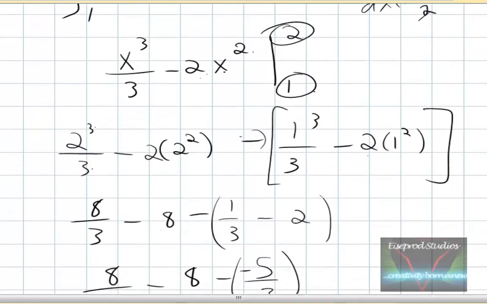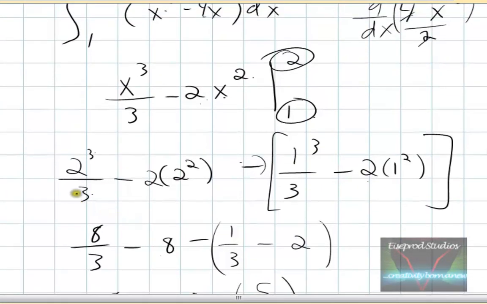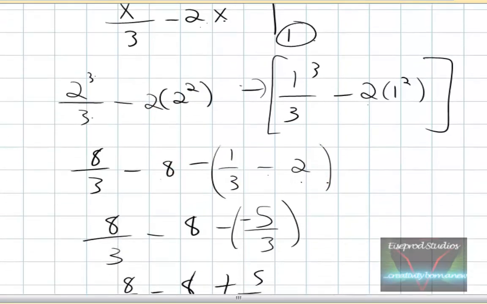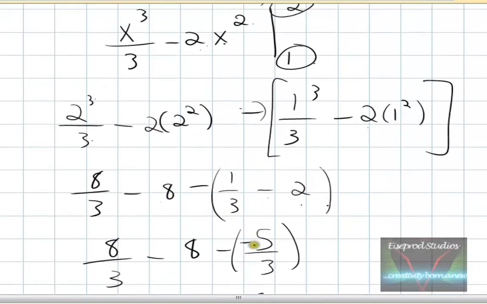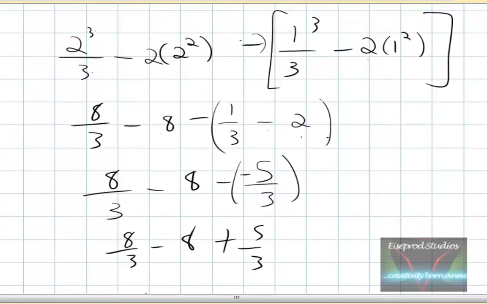From here, it's pretty much just straight math. And so you're going to have 2 cubed, which is 8 over 3, minus 2 times 4 is 8, minus this entire quantity, 1/3 minus 2. As you simplify, you'll find that this inside is negative 5/3, and then you can change that to positive 5/3 because it's two negatives.